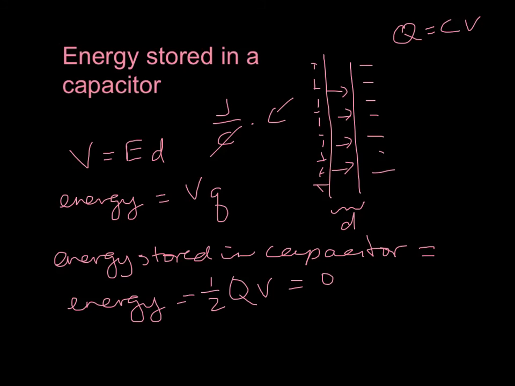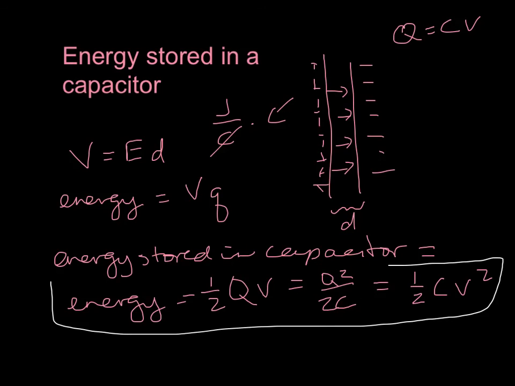We also end up with Q squared over 2C, which is our charge squared over 2 times the capacitance. And it's also 1/2 CV squared, or half your capacitance times your voltage squared. The second two equations are from rearranging this equation and either plugging in for V or plugging in for Q. So we have really here 3 different ways we can do it.